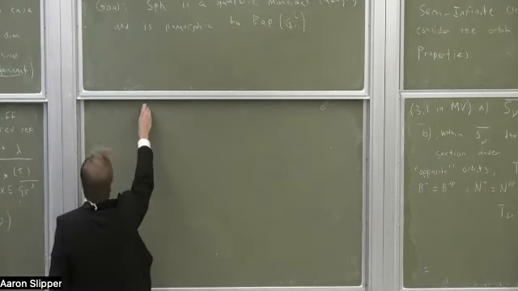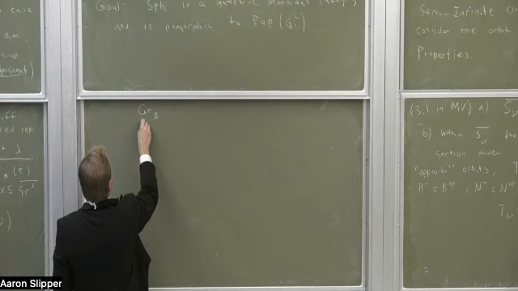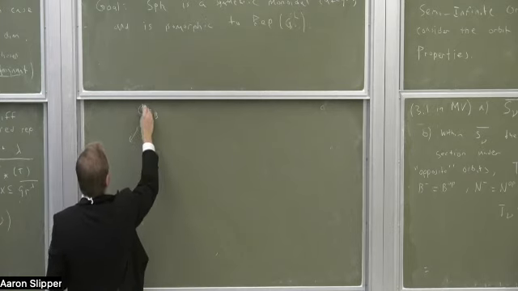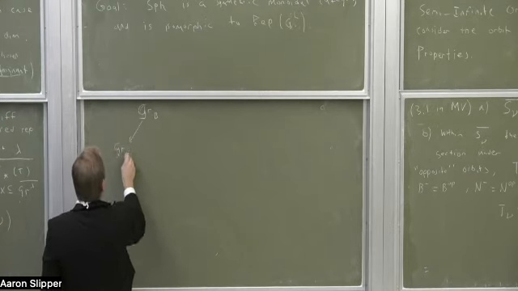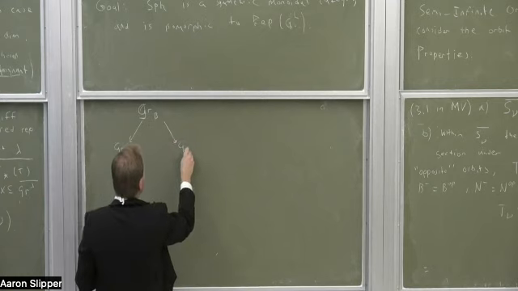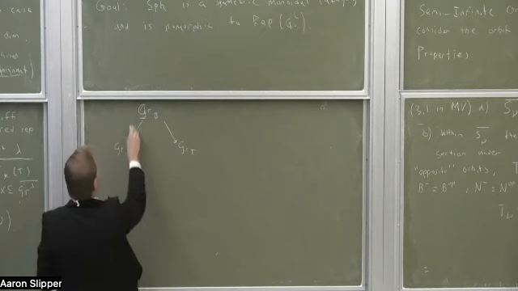We have our diagram that we've seen analogs of many times. So we have the maps to B, G, T. Oh, it's B to T.